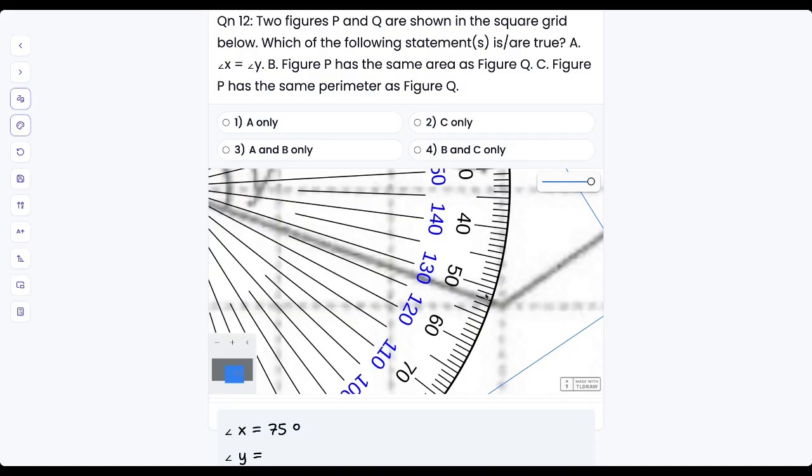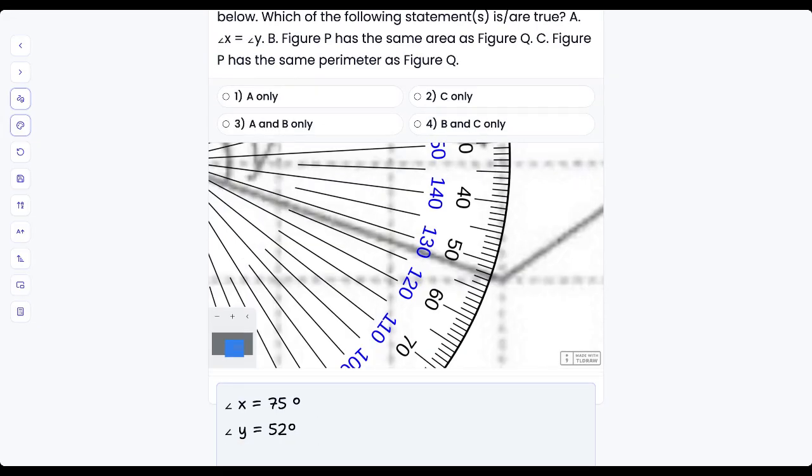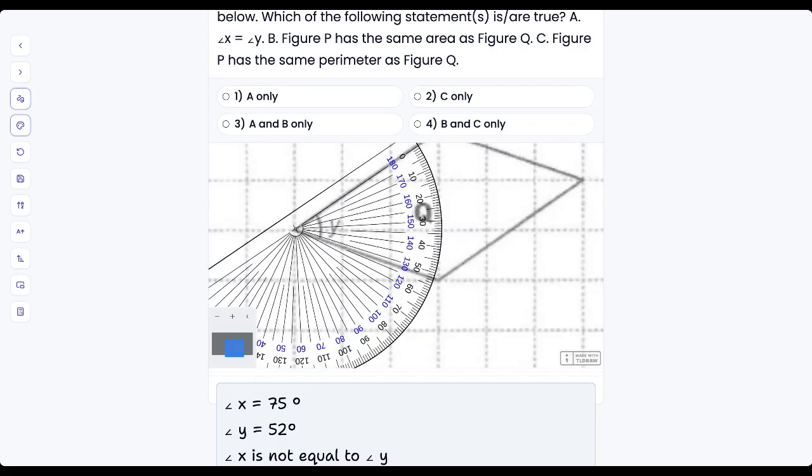So in this case, 51, 52. It's 52 degrees. That's what we see over here. So therefore, for option A, angle X is not equal to angle Y. So this is false.